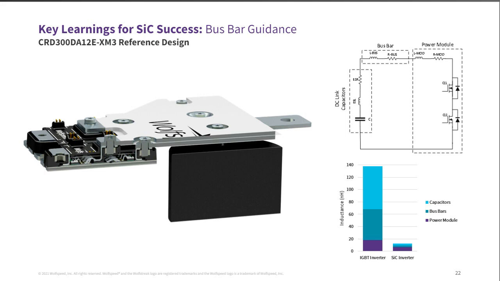So you can see, just based on the physical geometry, it's a very small, tight loop. So it helps us achieve a very low overall commutation loop inductance of roughly 14 nanohenries, which includes the capacitors, busing, and module.